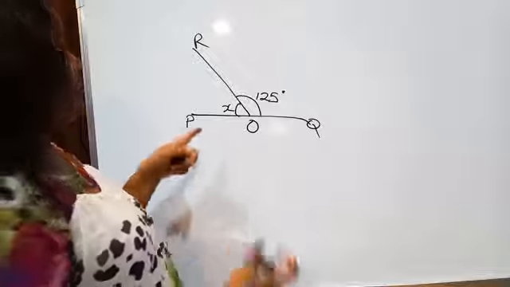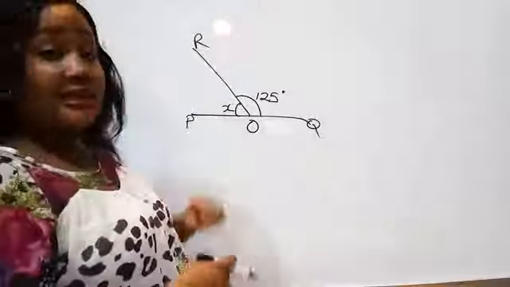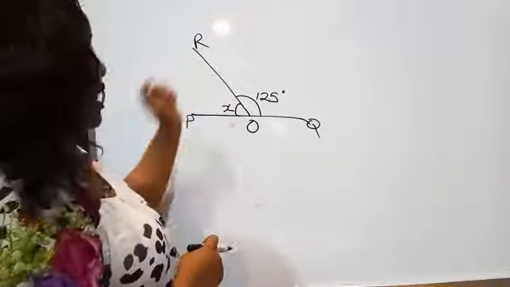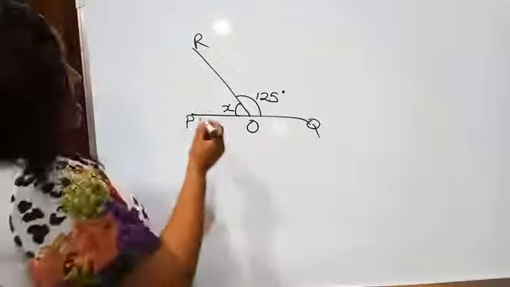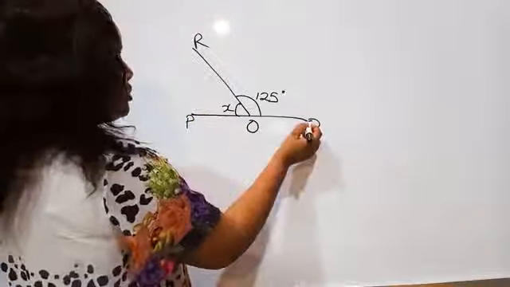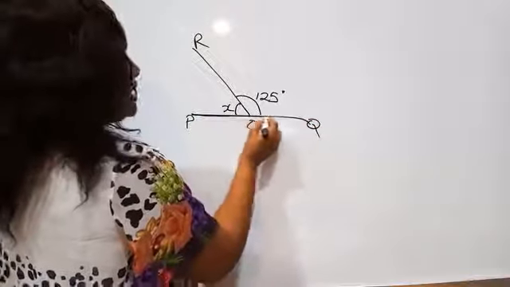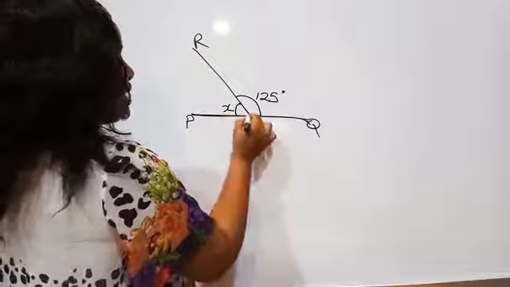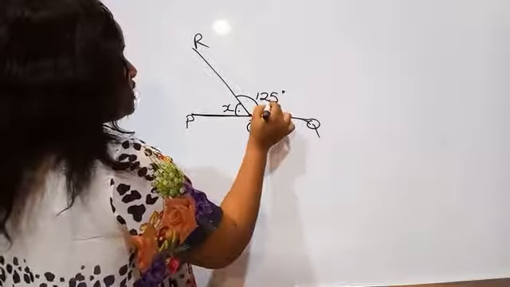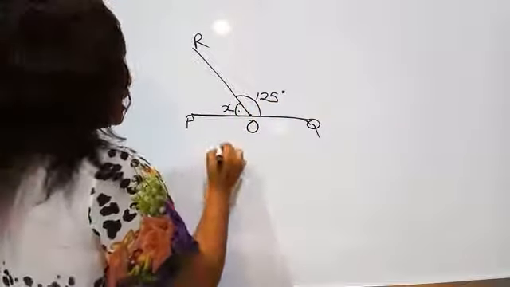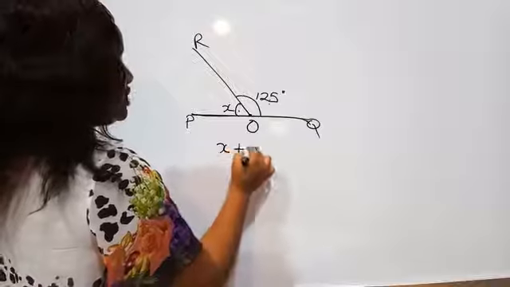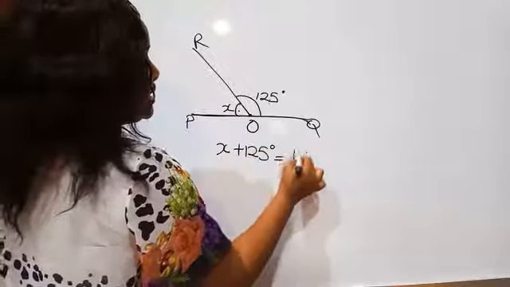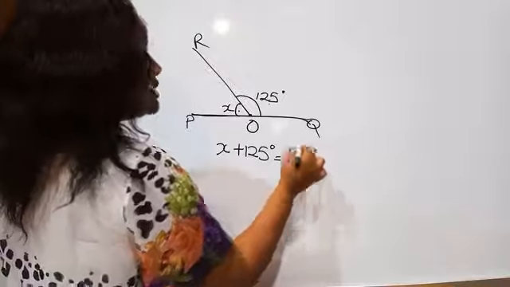Let's look at a problem like this. We're supposed to find x. Okay, and x is angle POR. Now we can see that PQ is a straight line. So it means that x plus 125 degrees should give us 180 degrees.